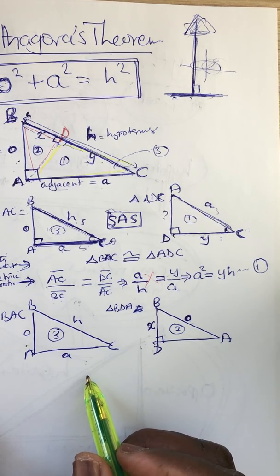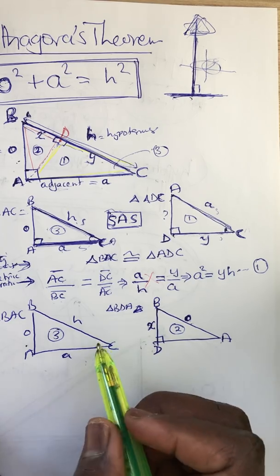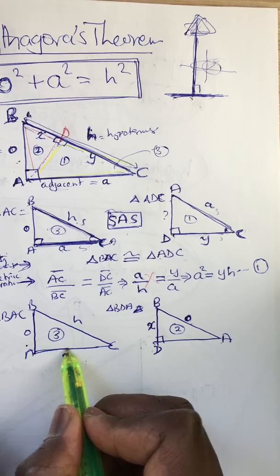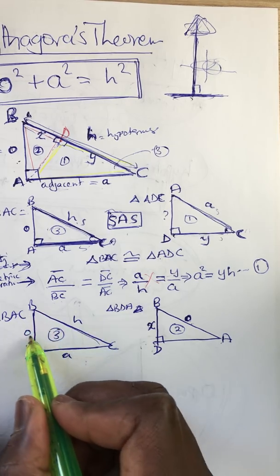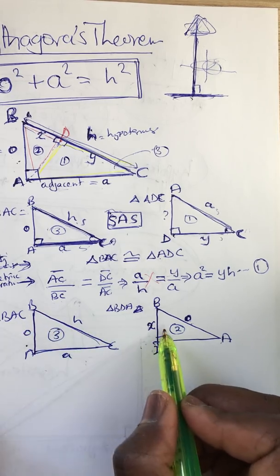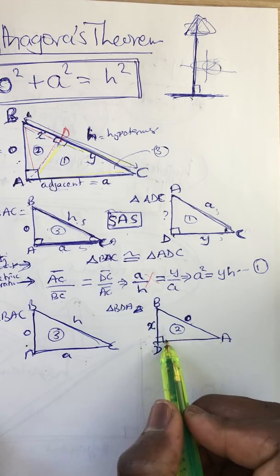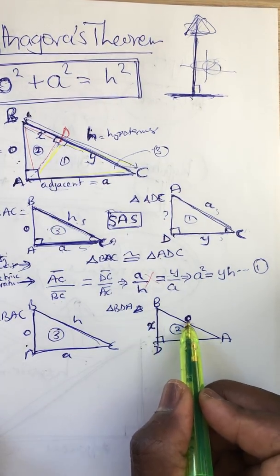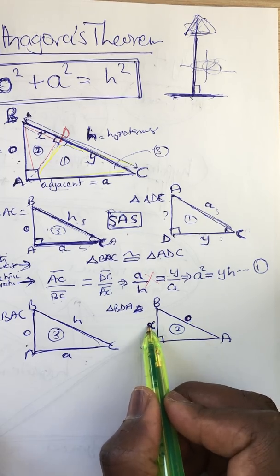Now we are going to do a comparison analysis to see the similarity and congruency aspect of these two triangles. As we can see, the first triangle, which is the bigger triangle, has all the sides, but our second triangle, which is the smallest triangle there, has only two sides, which are the hypotenuse and opposite.